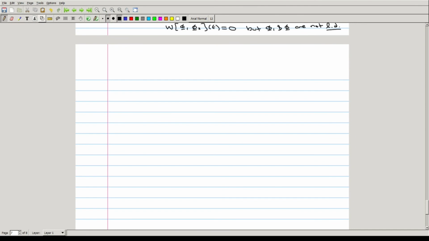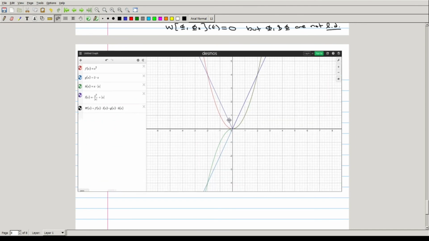And if we consider a plot of these functions, you should be able to see why. We have x squared, 2x, x times absolute value of x, and x squared over absolute value of x plus absolute value of x, each one in these colors. We can see that the bad part here is when t is negative, from -1 to 0, where these functions are clearly not linearly dependent on one another.